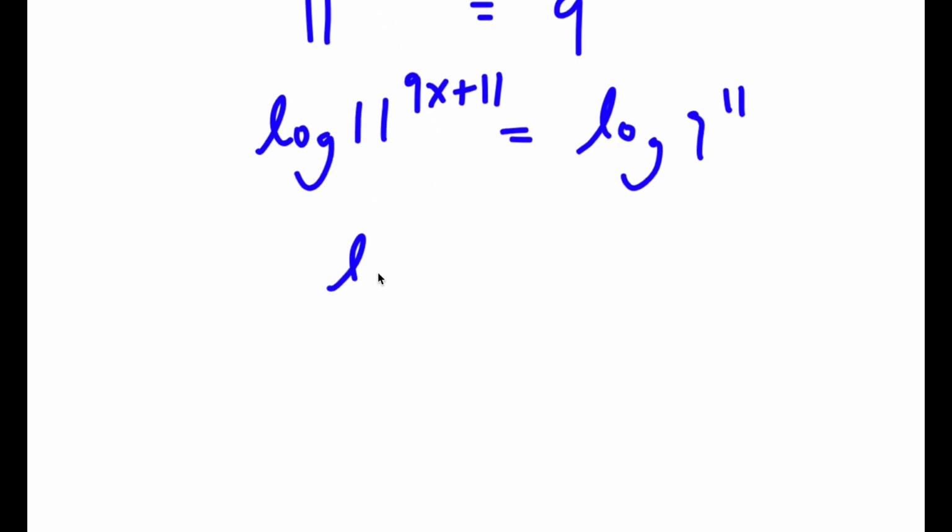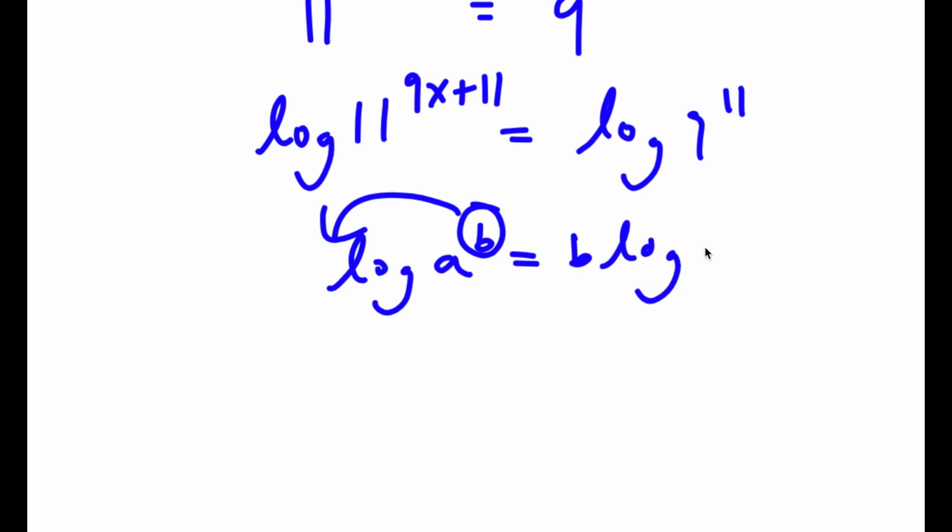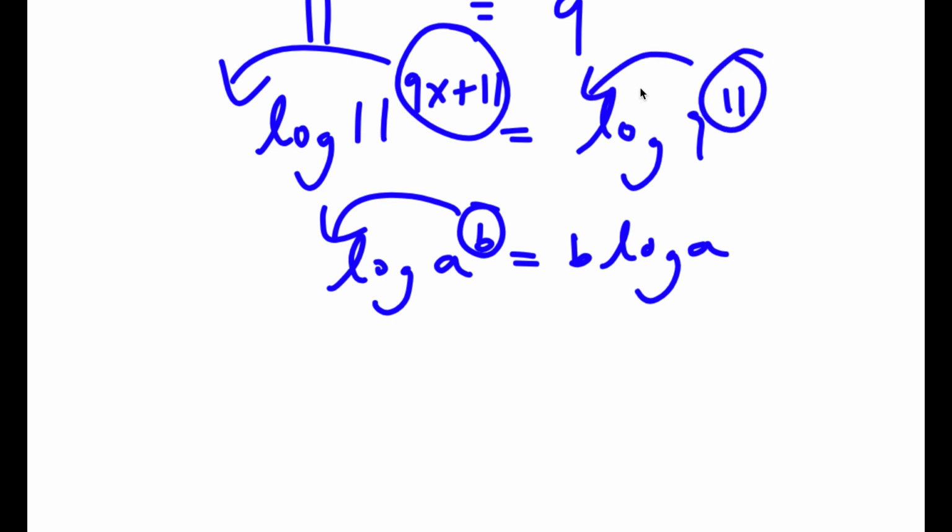Now if I have something in the form log a to the power of b, I can move b to the front. So this is the same thing as b times log a. So log 11 to the power of (9x plus 11), I can move 9x plus 11 to the front. And log 9 to the power of 11, I can move 11 to the front.